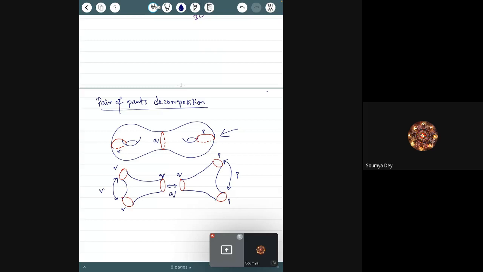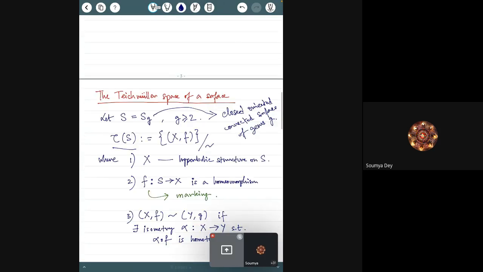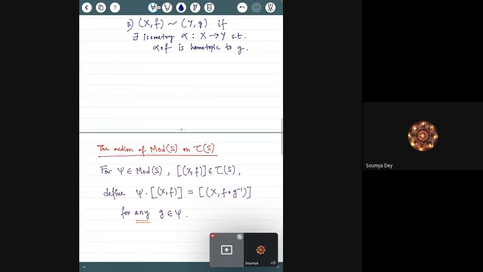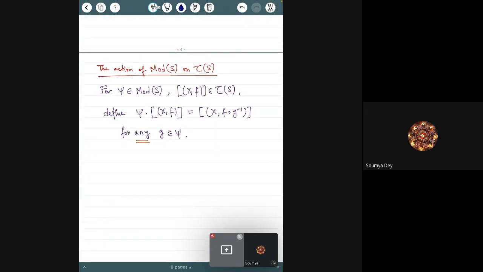Okay. So maybe I can also talk about the Fenchel-Nielsen coordinates. Maybe that's what you were referring to. So let me first define the action. Again, you have one element from your mapping class group, say psi, and one element from your diagonal space, say the class of x comma f.